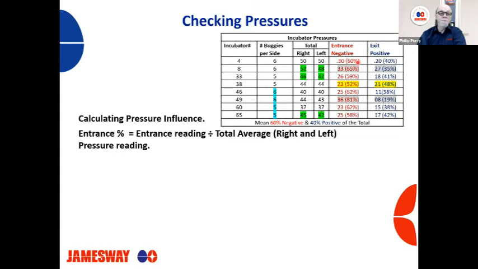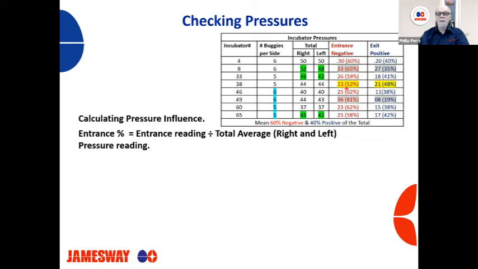And so looking at number 8, we had a 0.33, a 0.27, which gives us a 65-35, which is telling us the airflow is probably not too bad in this machine. 33, even though it was low, ended up at 59.41. Here, 38, it's what we call flipped.